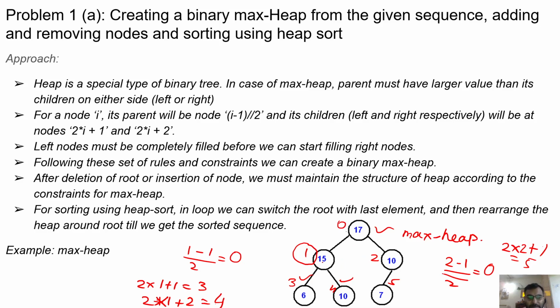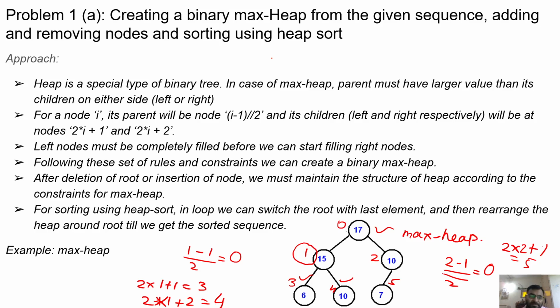That is why the indices for the children of node 1 were 3 and 4, and the child of node 2 was 5. If we follow these constraints, we can create a binary max heap.